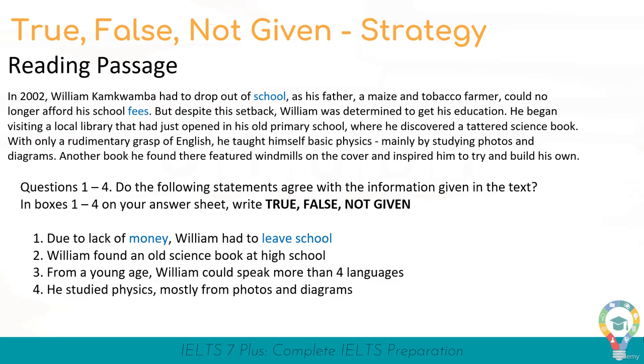So let's take a look for the first mention of school, and I've highlighted it in blue in the first statement. I've also highlighted fees, which is a synonym for money or a related piece of language. So I know that in this first sentence I will find my answer. And the answer is true, as his father could not afford to send him to school.